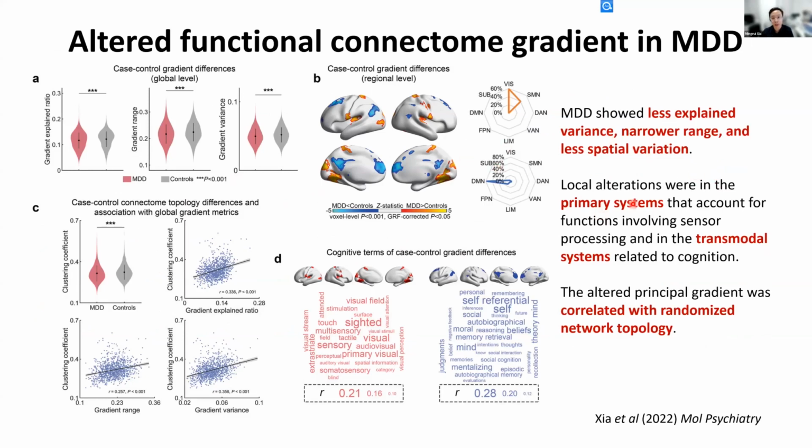The local alterations were mainly involved in the primary systems that account for functions involving sensory processing and transmodal systems related to high-order combinations. Additionally, the altered principal gradients were correlated with a randomized network topology.